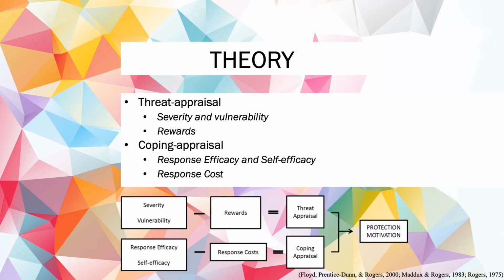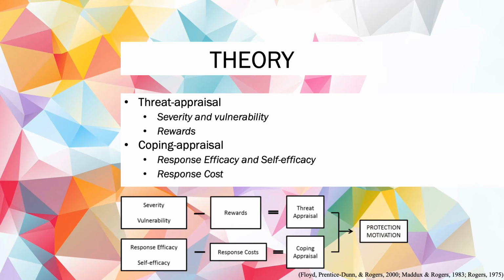So the theory works along these two different functions. The first function is the threat appraisal and the second one is the coping appraisal. Pretty much, it works as a formula. So it's the severity of the threat and the vulnerability that an individual has towards this threat, and then the rewards they will seek, which are balanced against each other.